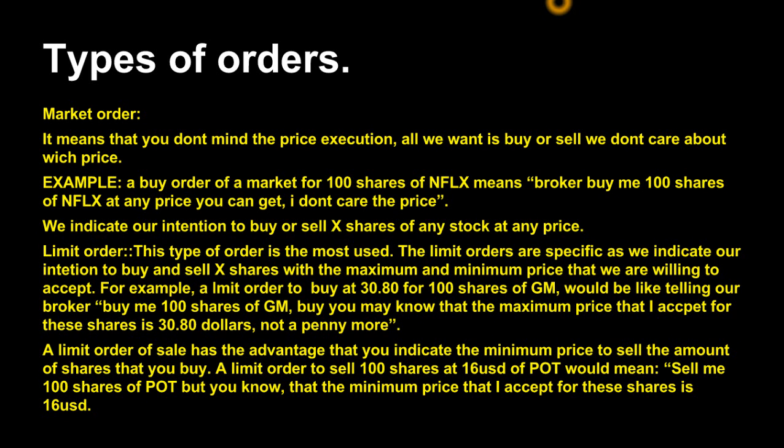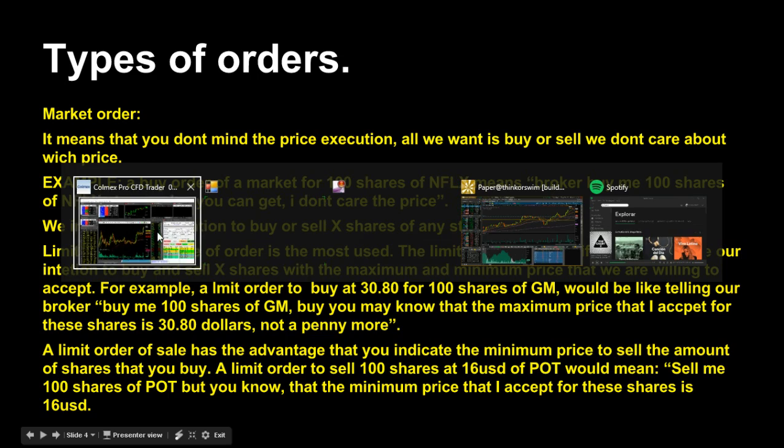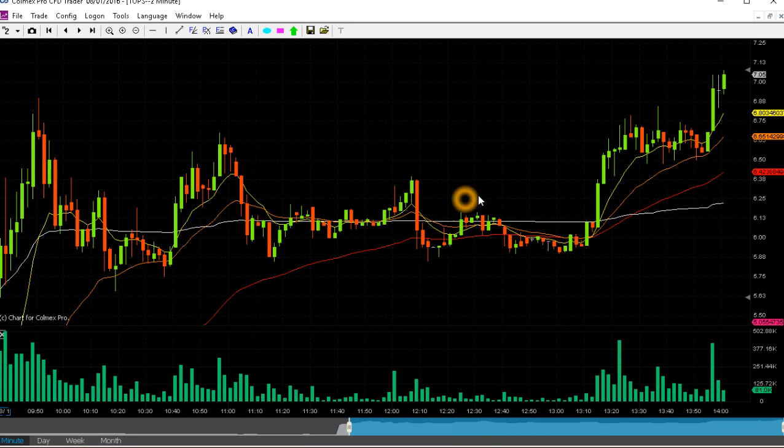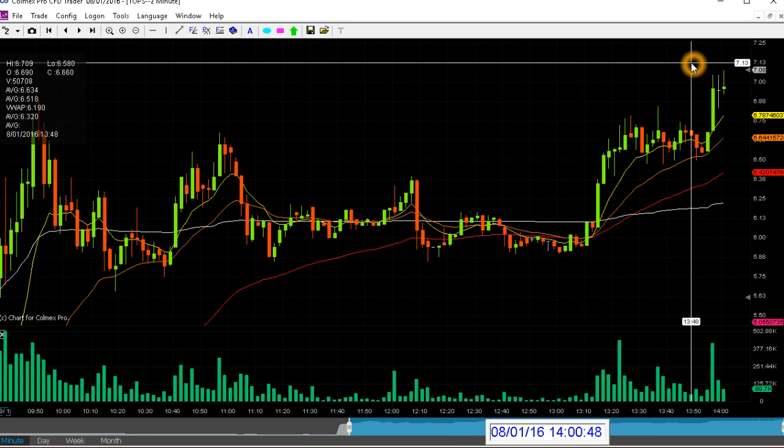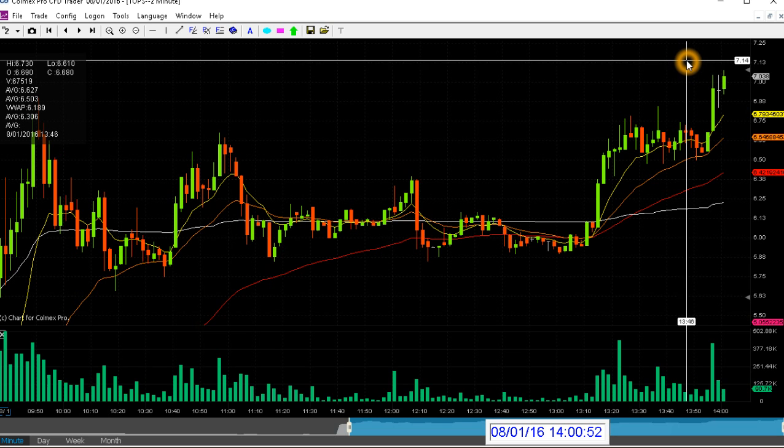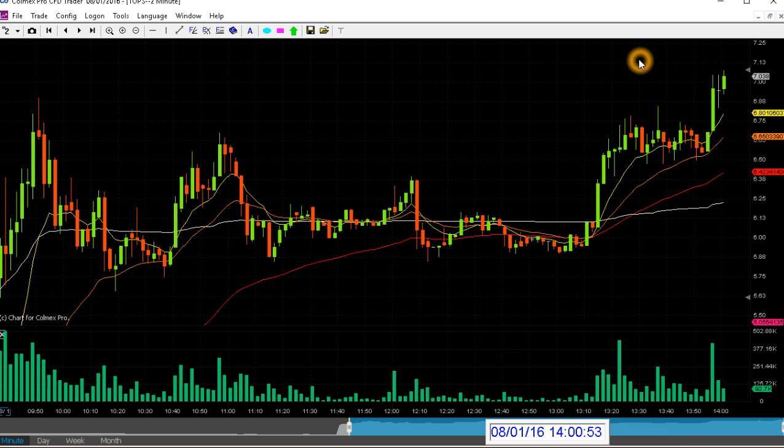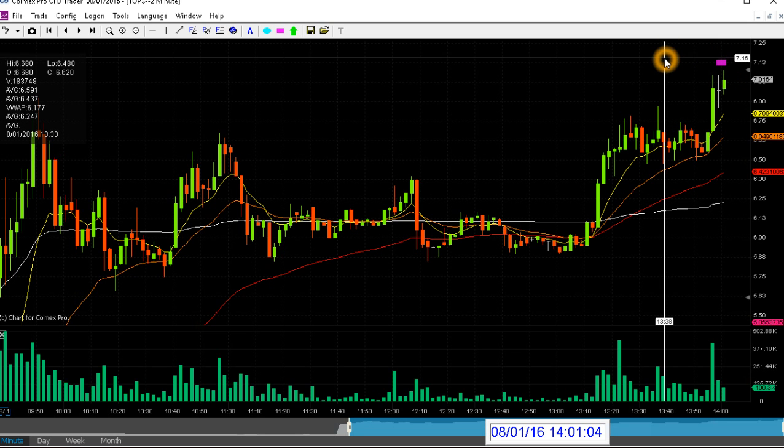Okay, so let me put in an example of a buy order, and let me put it in that chart. Let's say that I want to buy TOPS at a max price. The maximum tolerance that I have in this position, because I don't want to chase it, is, let's say, 7.50.